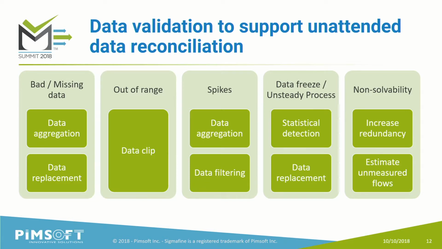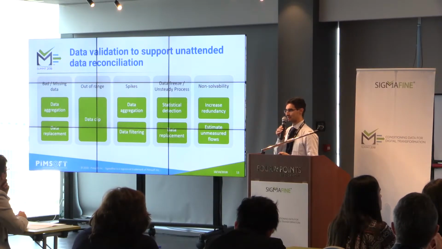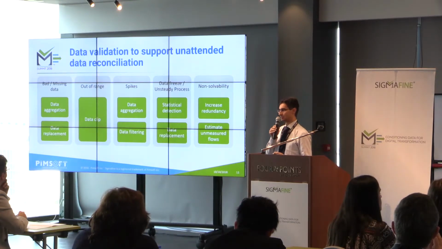I just tried to find some of the most common data issues that we can face. But there are ways to deal with such problems. We will see some simple examples. In the literature, there are even more sophisticated methods.